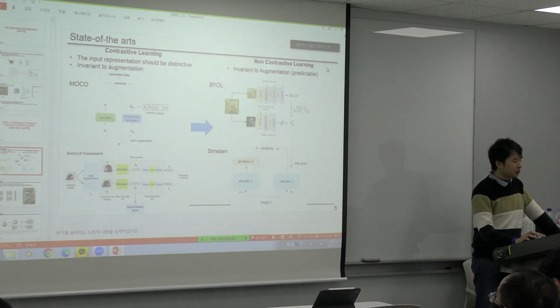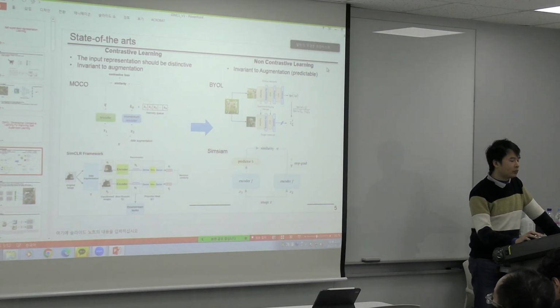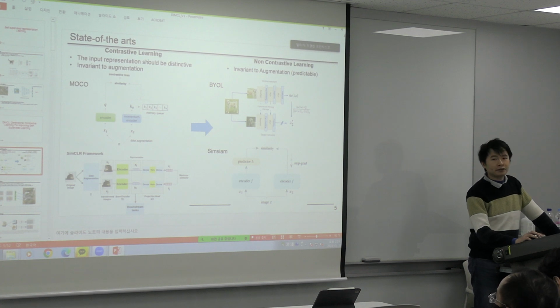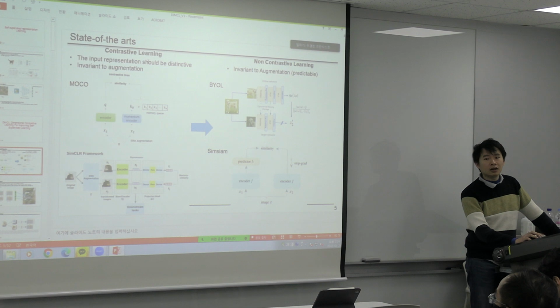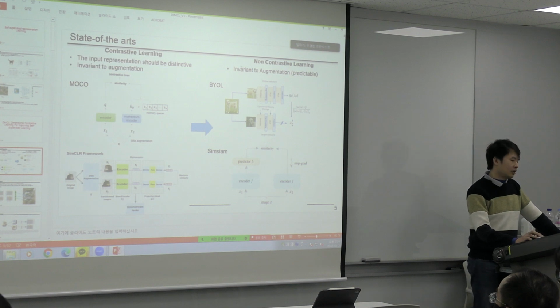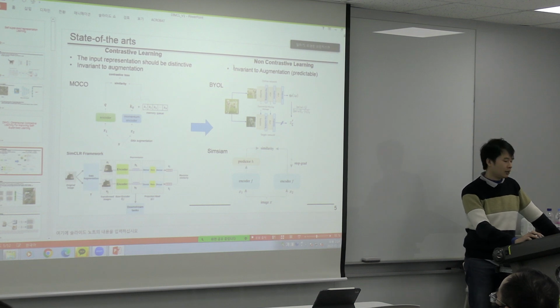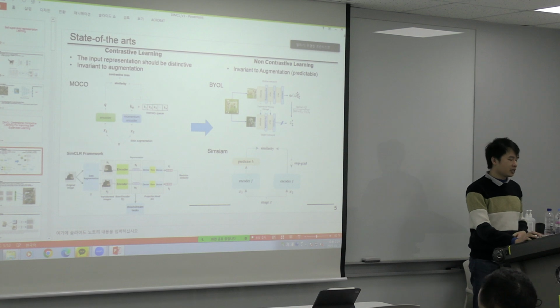And recent studies in self-supervised learning turn out that we can reduce the inductive bias, which is that the input representation should be distinctive among images in the dataset, and keeping the inductive bias, which is invariance to augmentation, is enough to get a good representation vector.